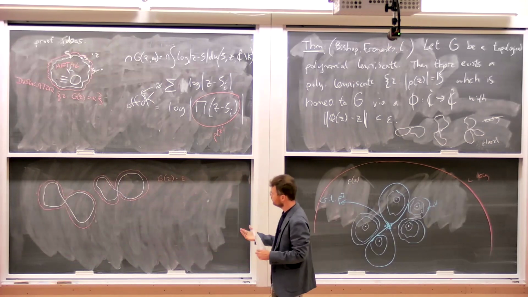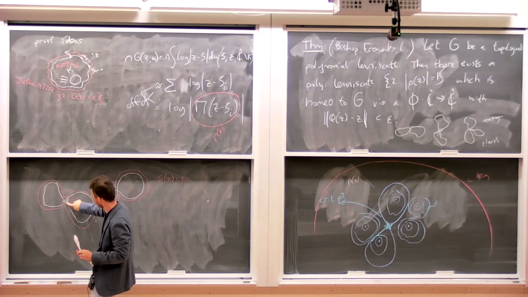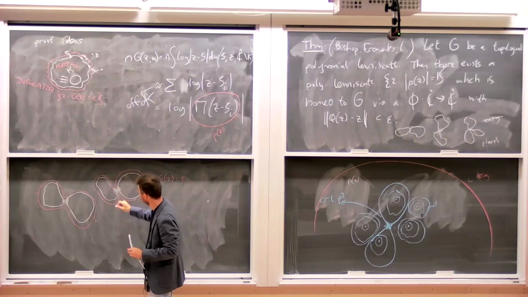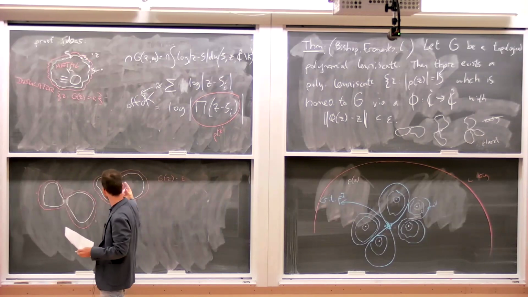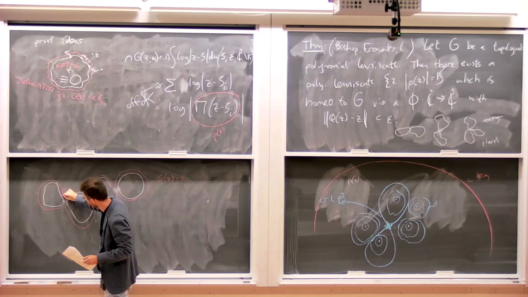So what do you do? Well, what if we just erase this and put two disks which are really close over there, and two disks which are really close over here. So now the Green's function level sets do have to cross at some point.